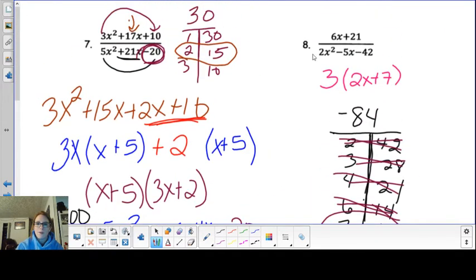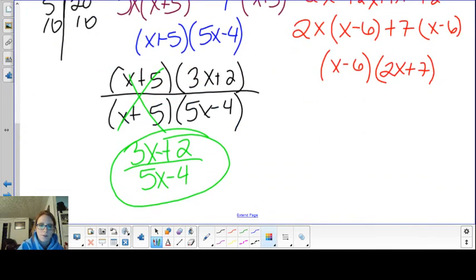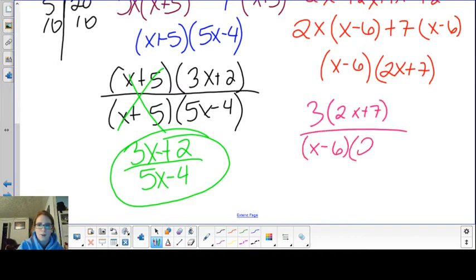So my top was 3 times 2x plus 7. We just got my bottom to be x minus 6 and 2x plus 7. So those guys are going to cancel out. I'm left with 3 over x minus 6.